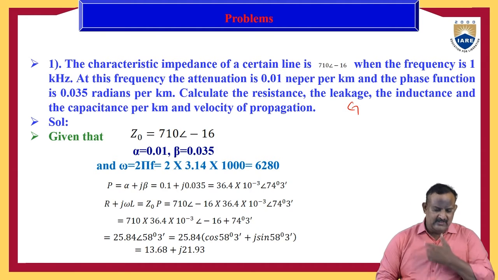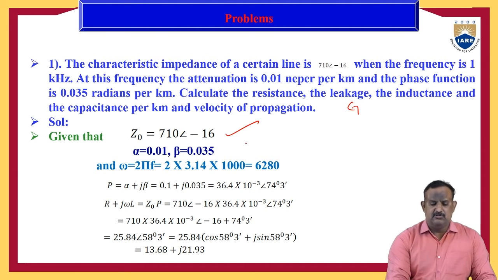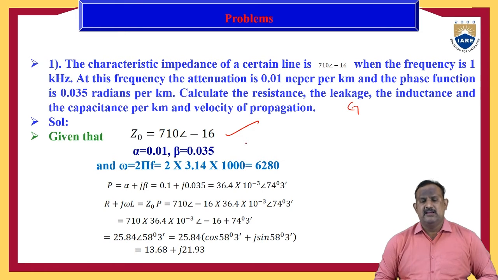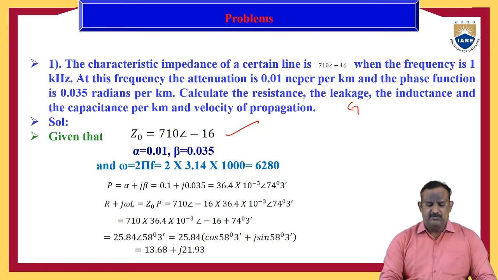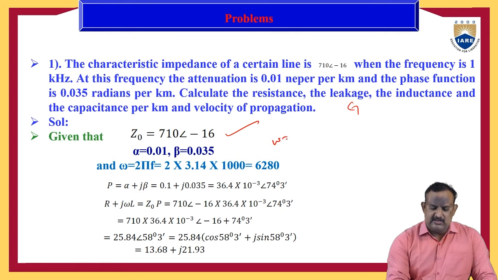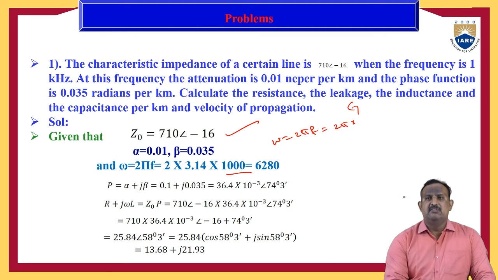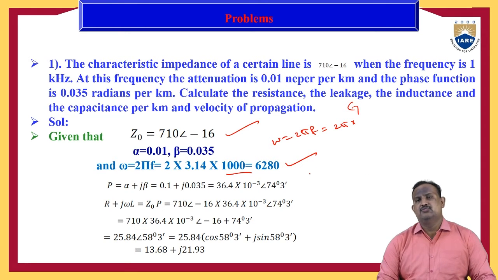Given the characteristic impedance Z0 equal to 710 angle minus 16 degrees, attenuation constant alpha equal to 0.01 and phase constant beta equal to 0.035 radians per kilometer. Then we can find the angular frequency omega equal to 2 pi f, which is 2 into 3.14 into 1000, therefore angular frequency is 6280.